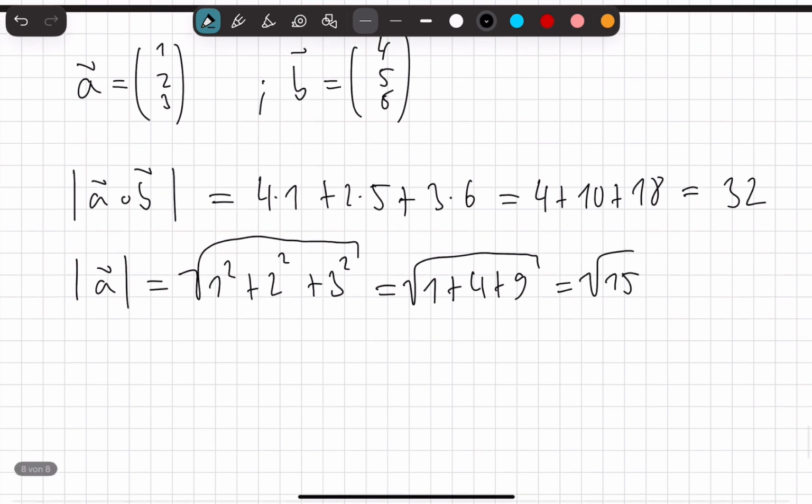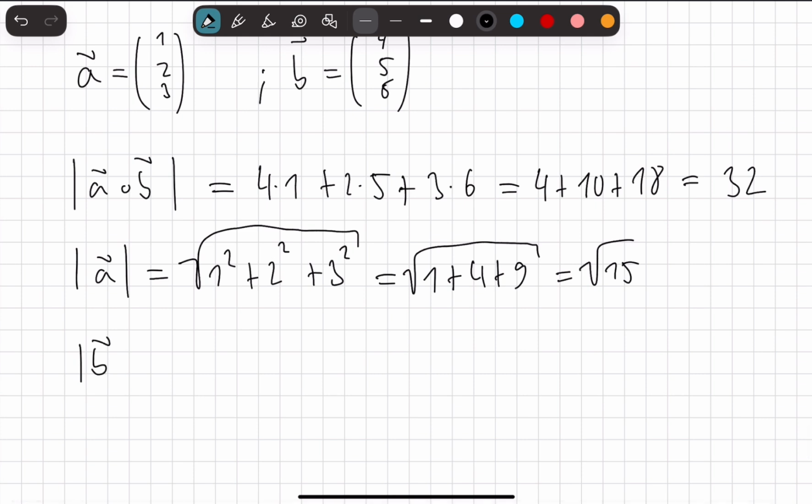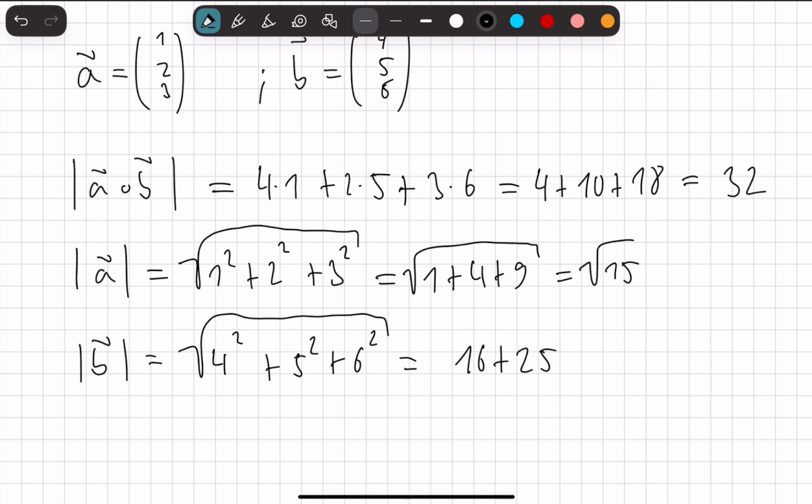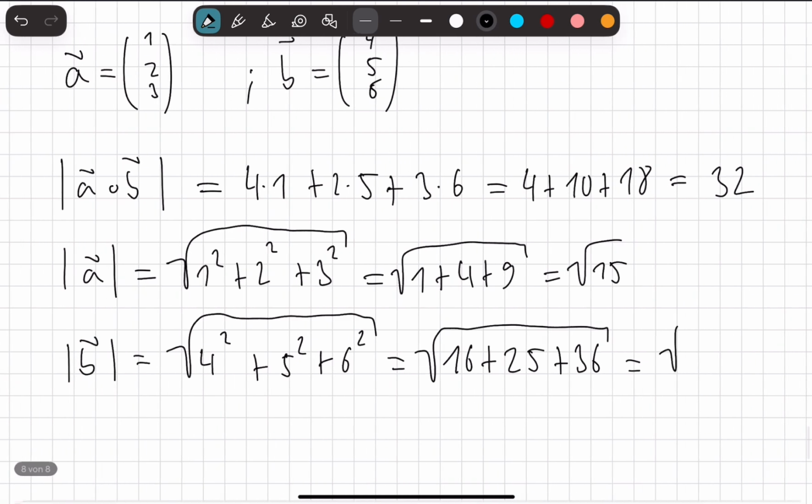And for the vector b, we have 4 squared plus 5 squared plus 6 squared, and then the square root. We have 16 plus 25 plus 36, and we get the square root of 77.